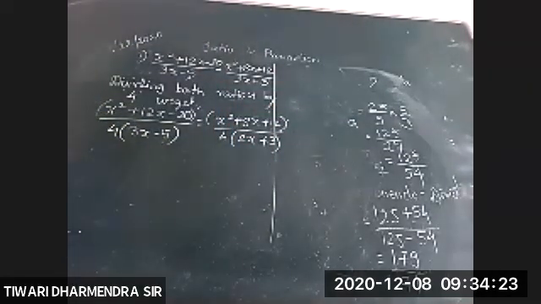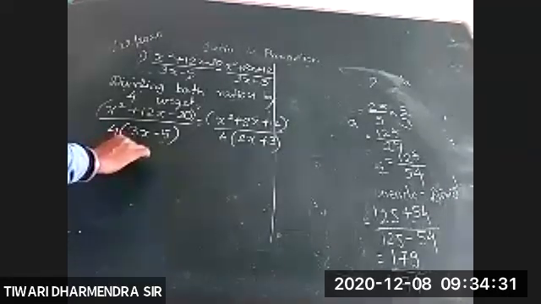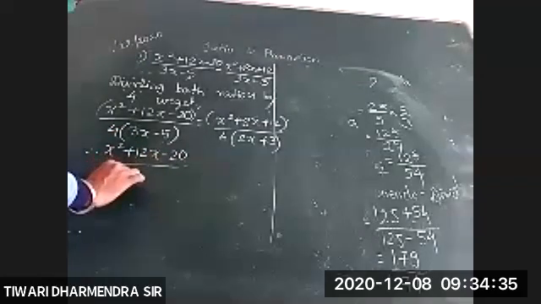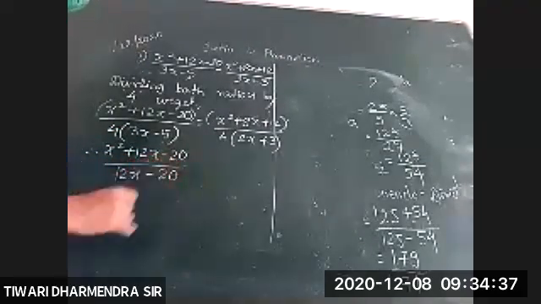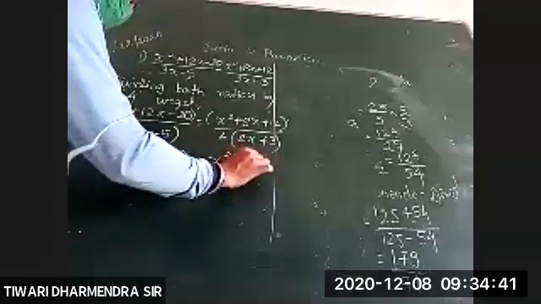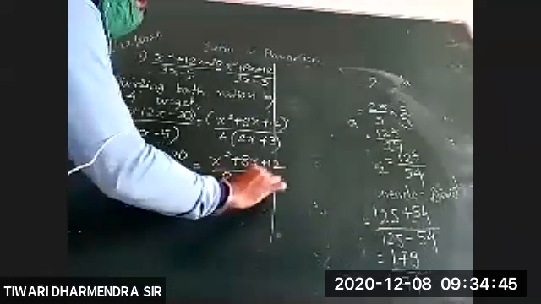Now what we need to do is solve this denominator after opening the bracket. What do we get? (x square plus 12x minus 20) divided by 4 threes are 12x minus 20 is equal to (x square plus 8x plus 12) divided by 8x plus 12.